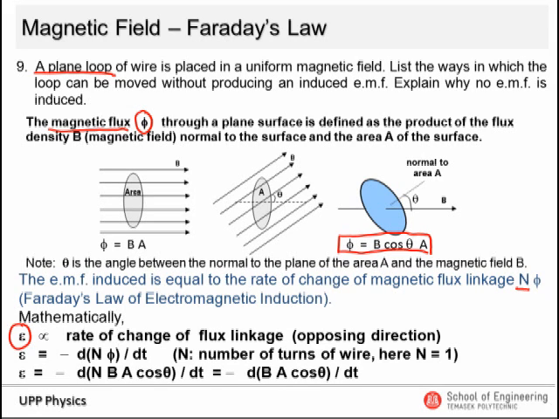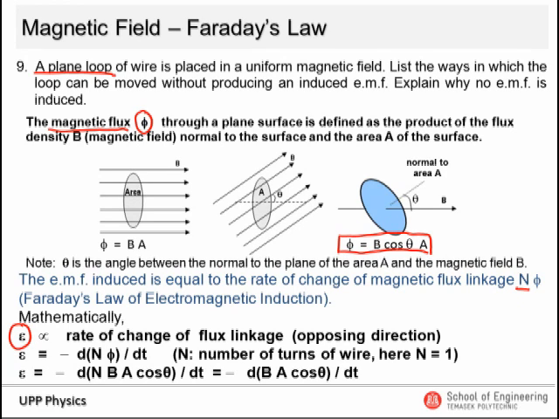So finally, induced EMF is equal to the negative of the differentiation of N B A cosine theta with respect to time. Since we already knew that phi is B A cosine theta, we can replace phi with B A cosine theta.